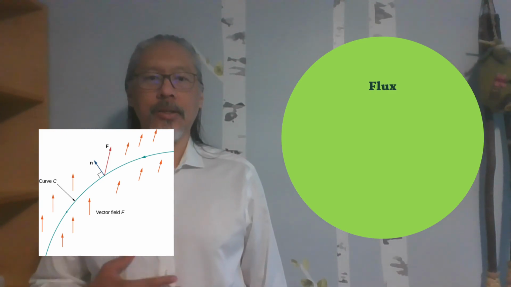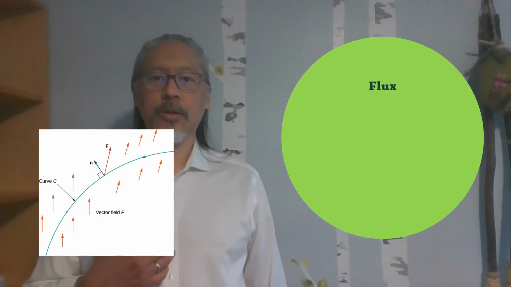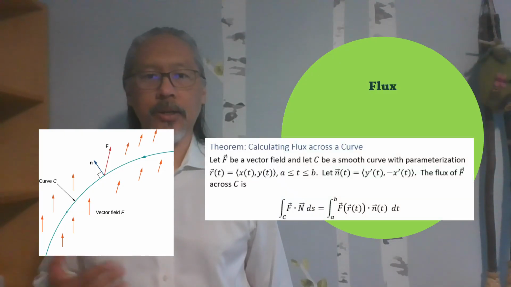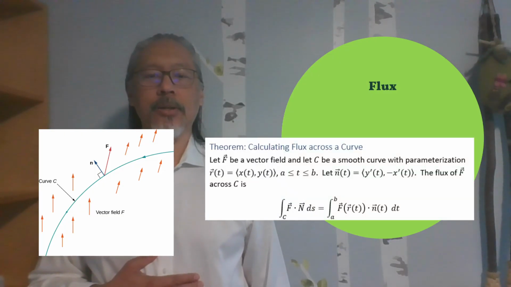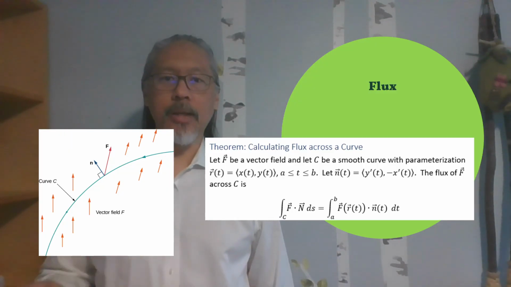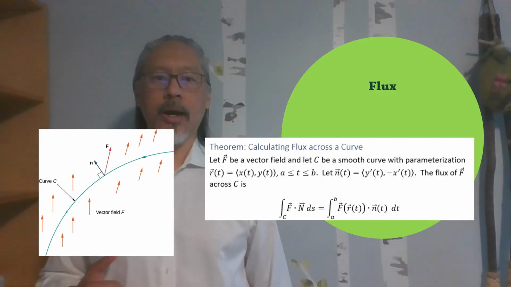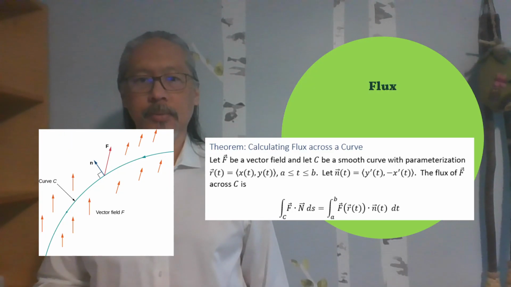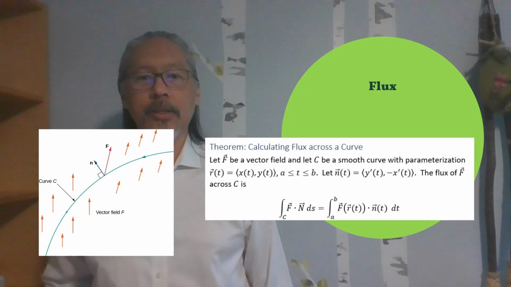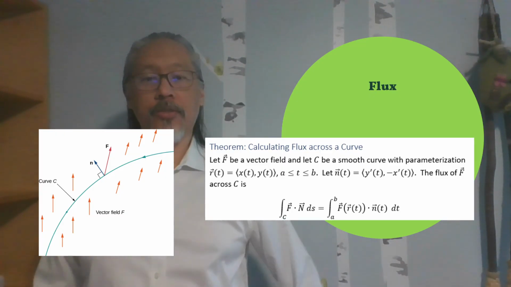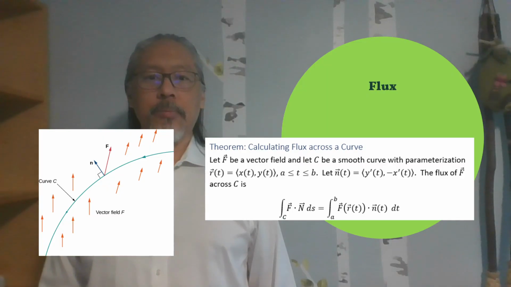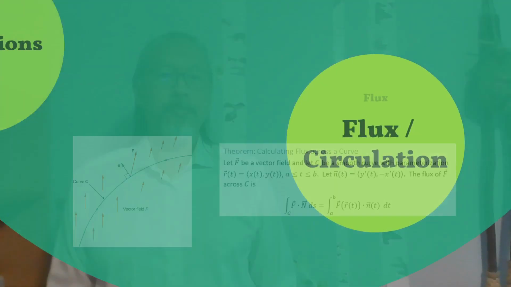We can imagine the flux of the vector field going through a particular curve. Instead of dotting it with the tangent vector, we're going to dot it with the normal vector. So the idea of the unit tangent and unit normal becomes important for us when we begin computing these integrals.